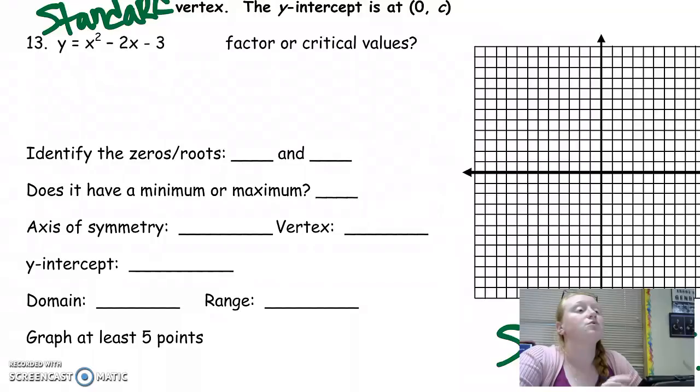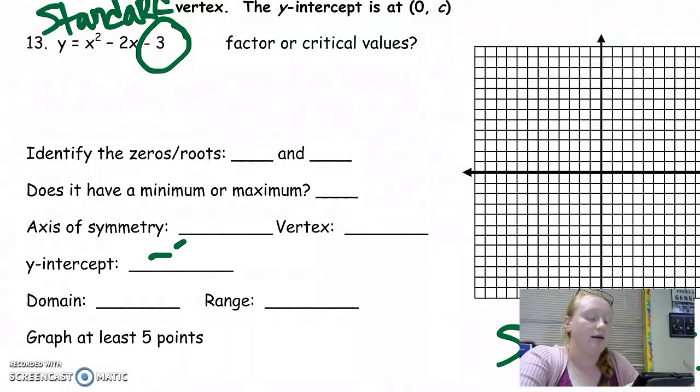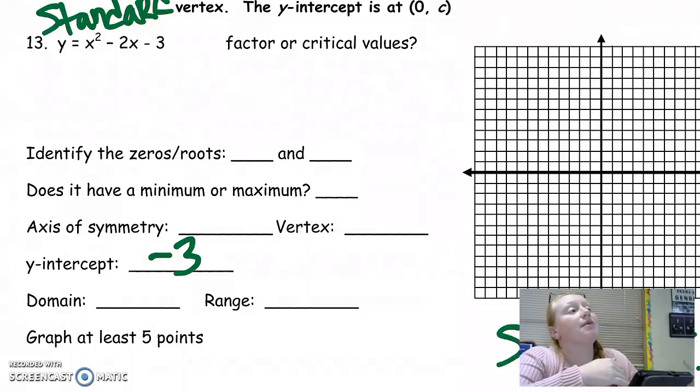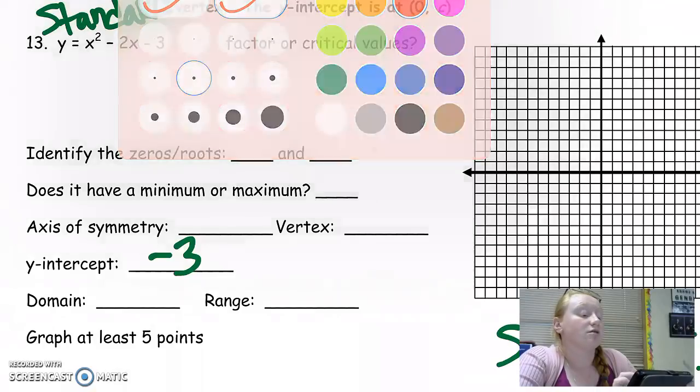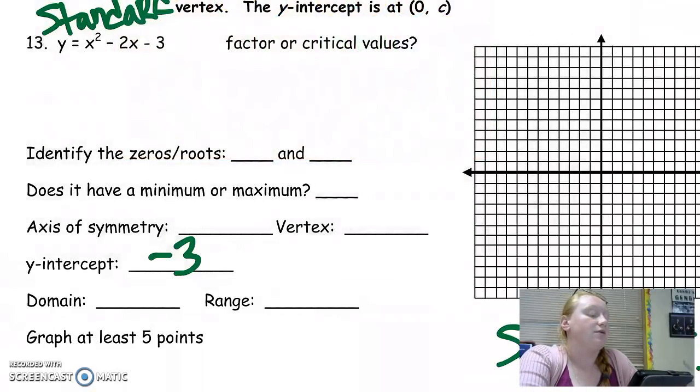From standard, there's a really easy thing for me to get. And my really easy thing for me to get is my y-intercept. My y-intercept is always that last number, -3. Okay. Now, almost every time I've given this to you, I've asked you, does it factor? So you go, do I have a GCF?